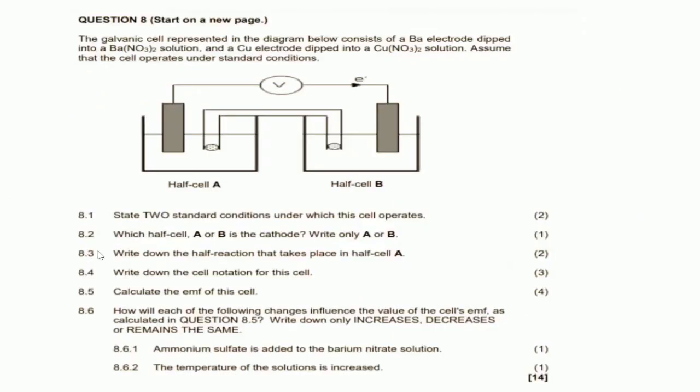Then 8.4 says write down the cell notation for this cell. For the cell notation, remember we start from the anode. So the anode is the barium, in solid. And then what do we have in the electrolyte solution? We have the Ba2+ ions, which are aqueous.